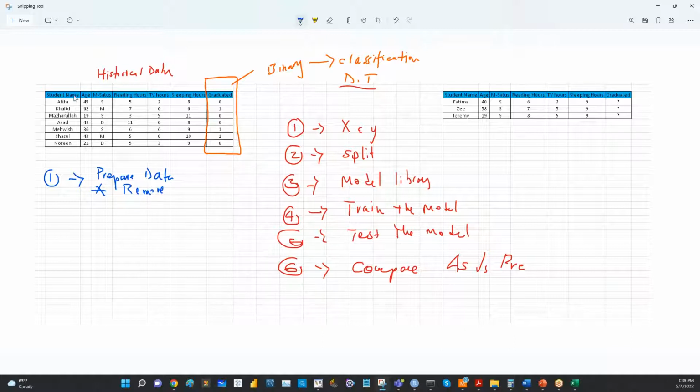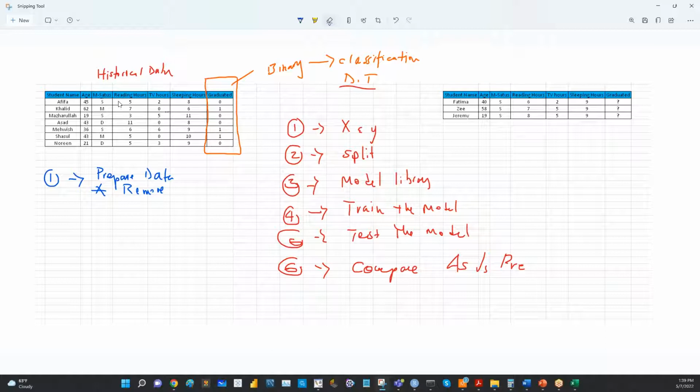So we are going to remove the student name, because I really don't care who you are. I don't care about your name, but I care about your behavior. I care about your characteristics, your specialty, what makes you different from others. So I care about the age. We are going to keep age.